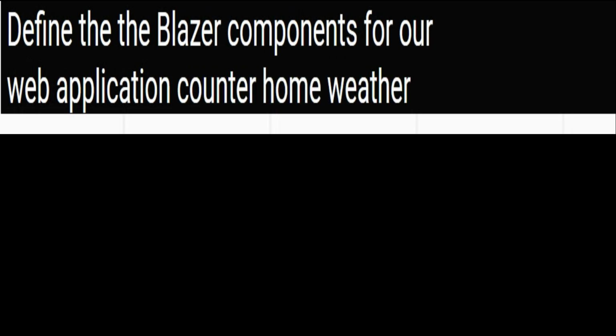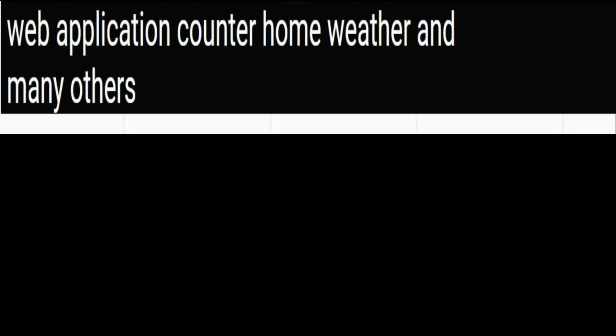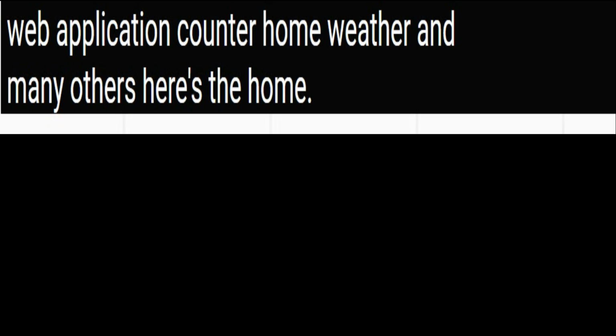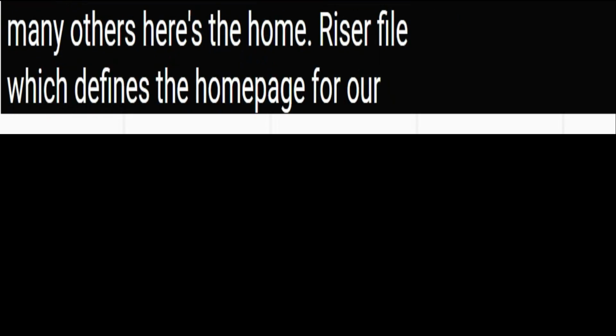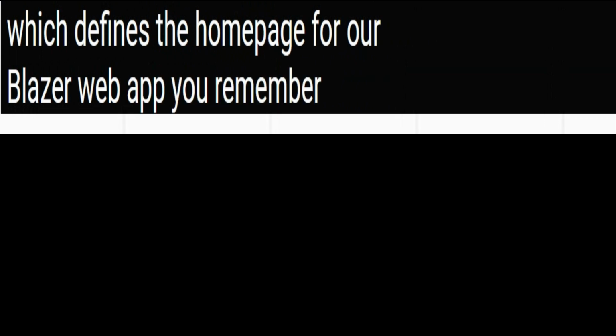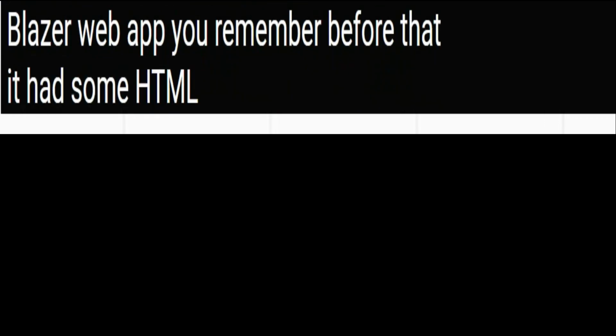Counter, home, weather, and many others. Here's the home.razor file, which defines the home page for our Blazor web app. You remember before that it had some HTML content, and we could change that HTML content. We just save that, and that content then updated on the page.